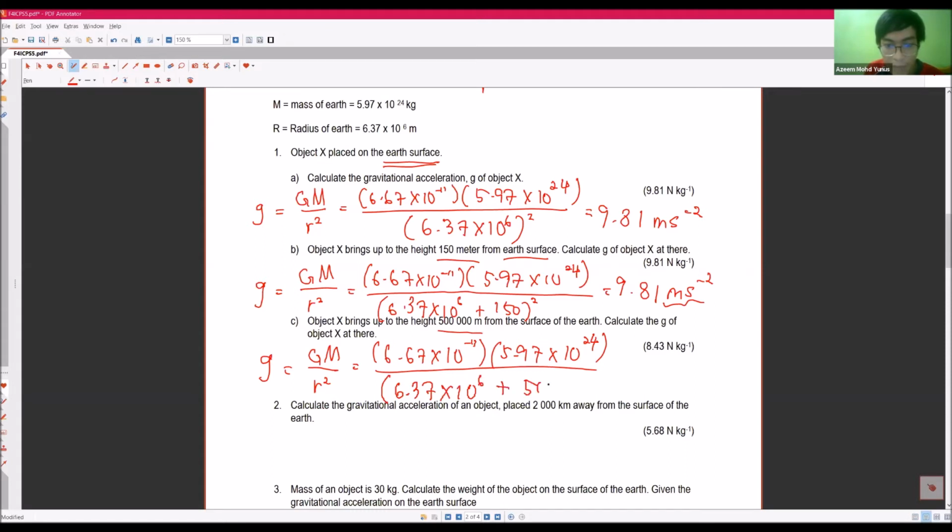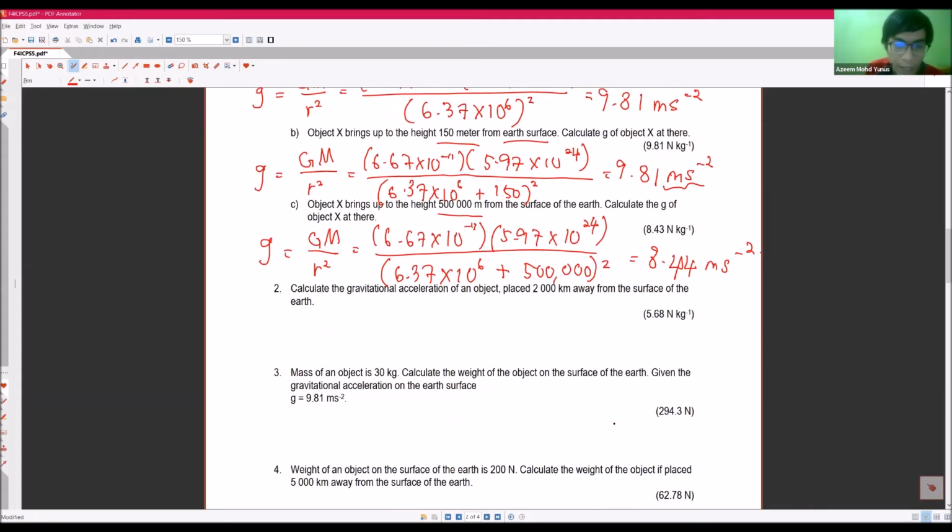Plus 500,000 squared. Don't forget that. So we plug that into our calculator. Make sure that you plug it in carefully, because all the numbers are very hard to replicate in the calculator. So we get 8.44 meters per second squared.